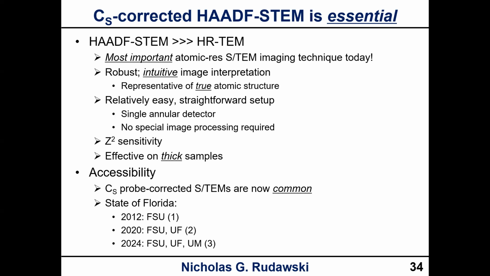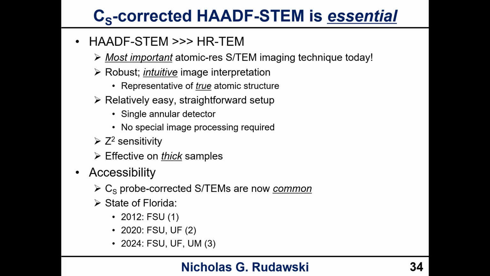So just in the state of Florida, we have seen a pretty substantial increase in this. Back in 2012, the first one arrived at Florida State, and then we got the second one in 2020, and now Miami has one as well. So now in this state alone, we have 3 of them, okay?